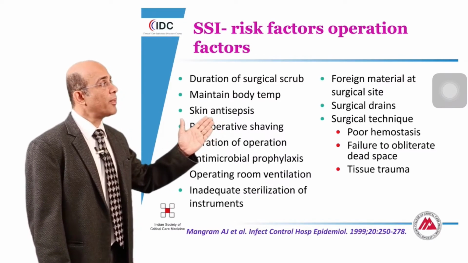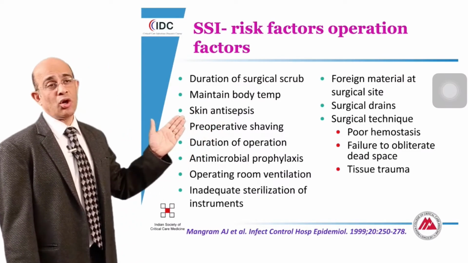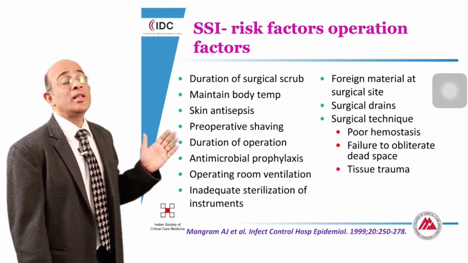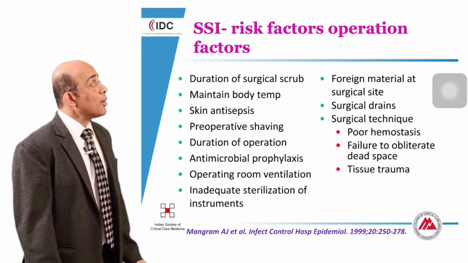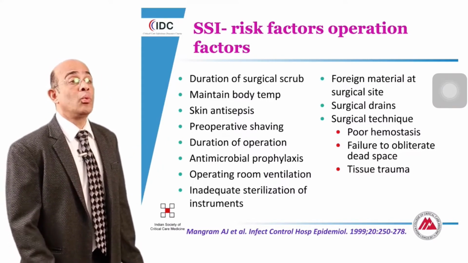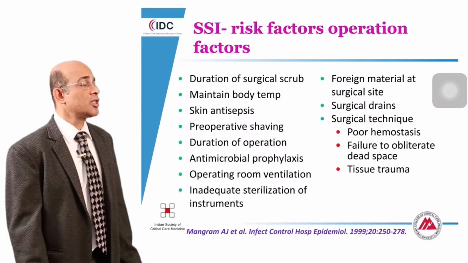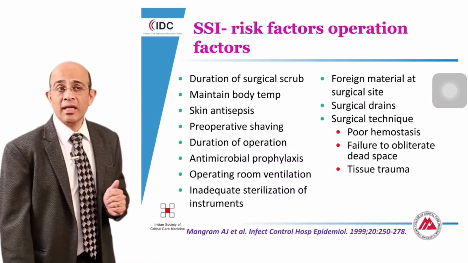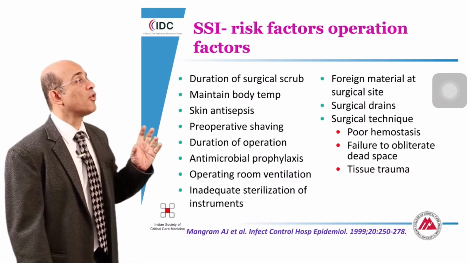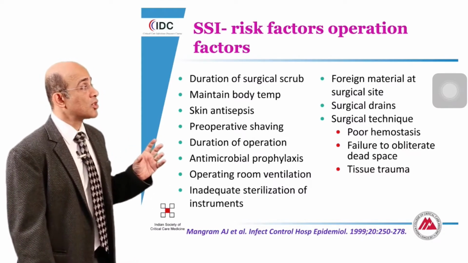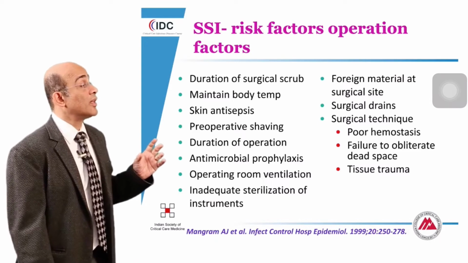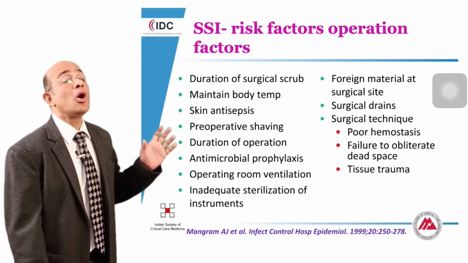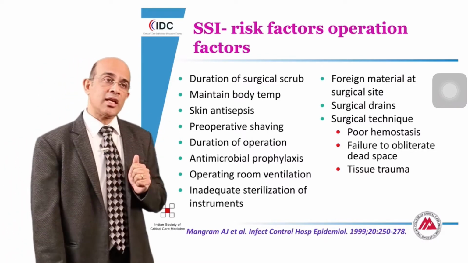In general, the operation factors include the duration of the scrubbing time of the surgeon, whether the patient's body temperature is maintained appropriately, whether the skin antisepsis is adequate, whether preoperative shaving has been done or not, and if so when and with what, the duration of the surgery, antimicrobial prophylaxis, the operation room ventilation, adequacy of sterilization and disinfection of instruments, presence of any foreign material or implants at the site of infection, presence of drains, the surgical technique involved, whether there has been adequate hemostasis, whether there has been failure to obliterate any dead space, and tissue trauma. All of this can contribute to the occurrence of surgical site infections.